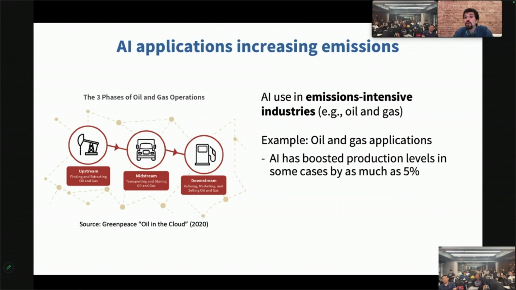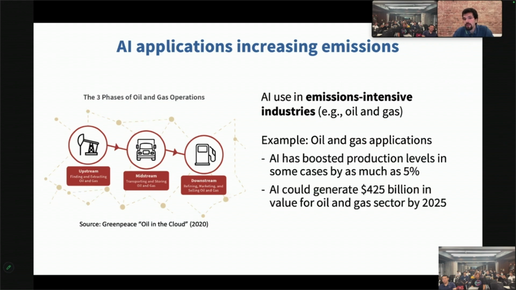That is a huge increase in the amount of oil and gas being produced that is serving to run counter to climate goals. It's very clear that we can't immediately stop oil and gas consumption as a society, but we also should not be increasing production and exploring new oil and gas reserves. And AI is expected to generate $500 billion in revenue for the oil and gas sector just by 2025.